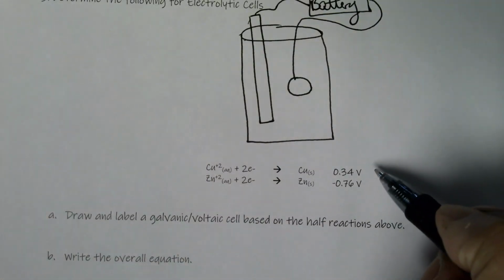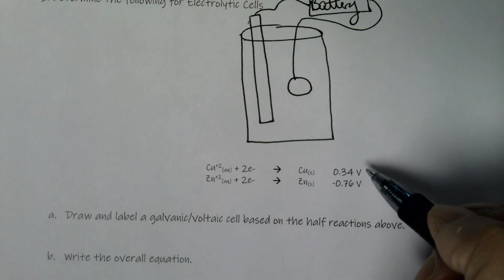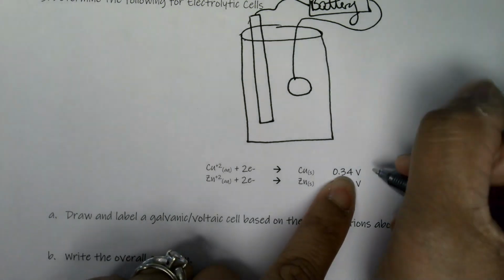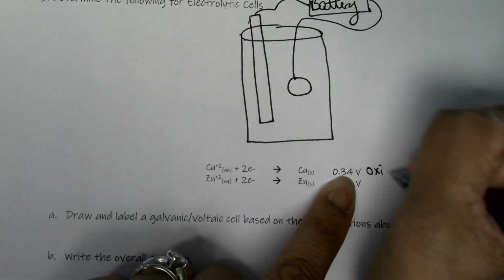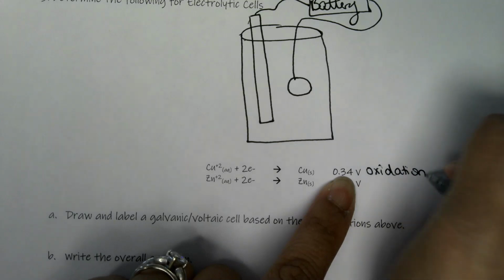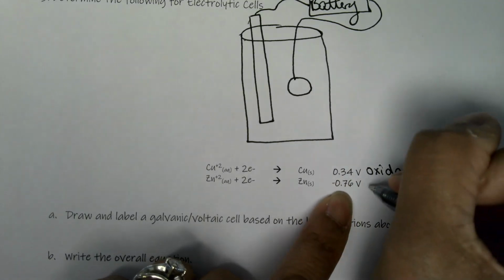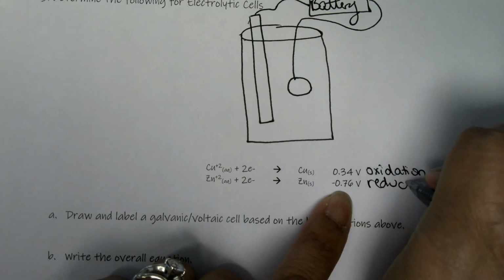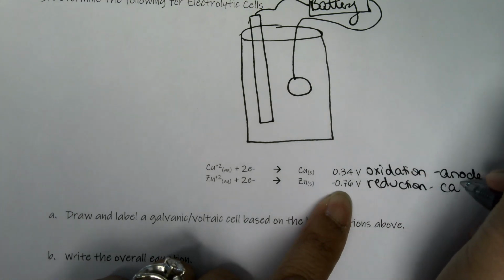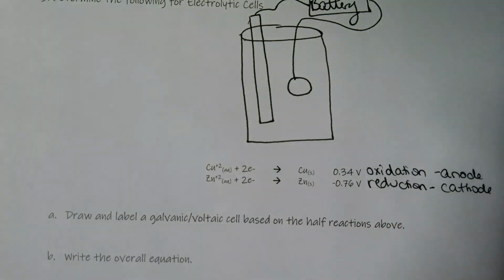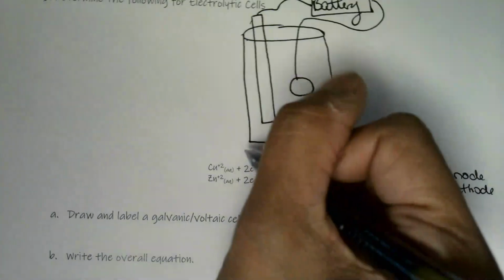I'm going to do the opposite here. So my most positive this time, I'm going to call that one oxidation. I'm going to flip that equation too, and that is at the anode. My most negative is reduction, and that's at the cathode. So I will have a negative E value, and that's normal because this reaction normally would not occur.